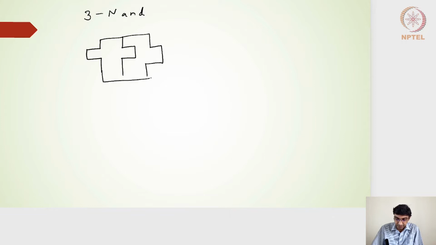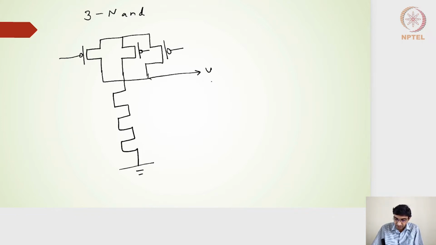The PMOS transistors are shown with a bubbled input. Three NMOS transistors will be in series in the three input NAND gate, and this will be our output node.